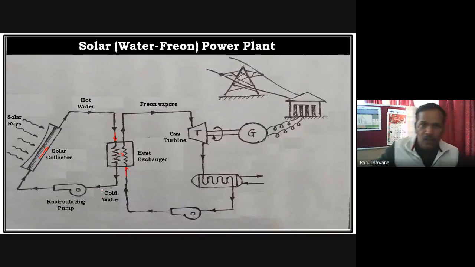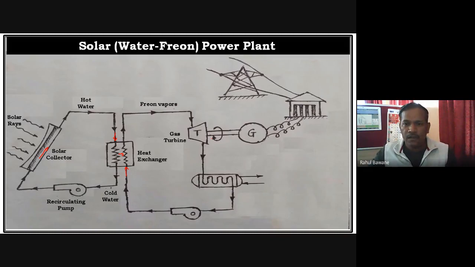So when freon passes through this gas turbine, the freon vapors try to expand, and during expansion rotate the turbine, converting this expansion force into mechanical energy in the form of rotation of the shaft. This rotation is supplied to the generator. That rotation of the shaft is mechanical energy.